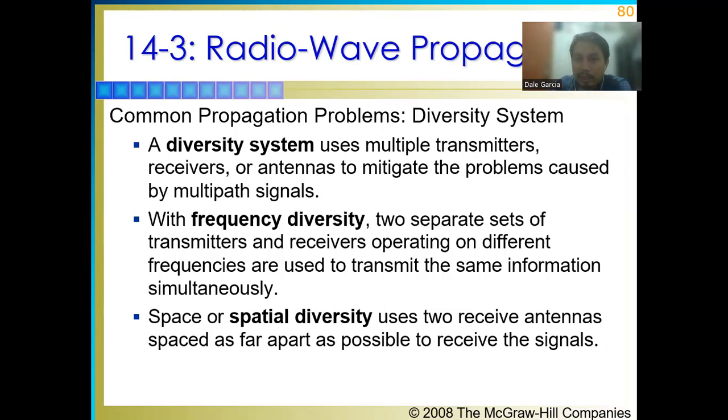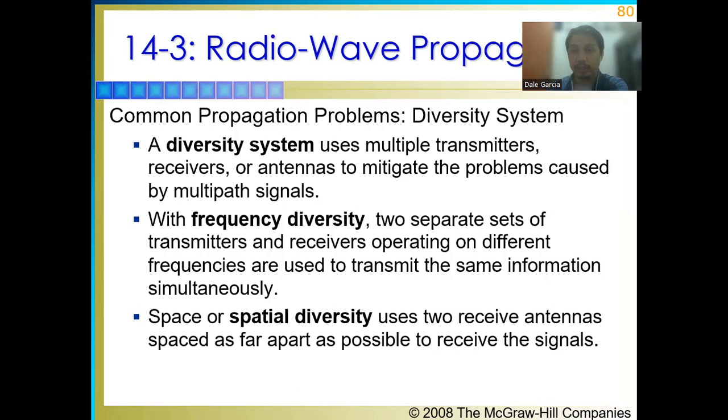If you remember, FDM is the transmission of digital signal using two different frequencies. So it can be paired with frequency diversity, which uses two separate sets of transmitters and receivers operating on different frequencies. So again, when you say diversity, it's the usage of two or more of something.